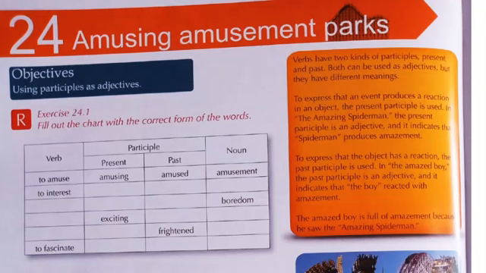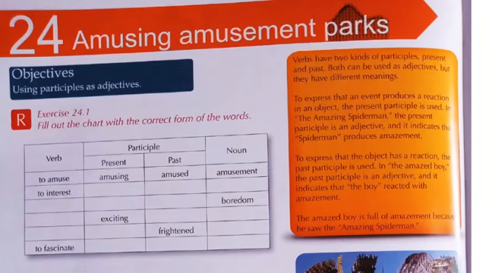To express that the object has a reaction, the past participle is used. In The Amazed Boy, the past participle is an adjective and it indicates that the boy reacted with amazement. The amazed boy is full of amazement because he saw the amazing Spider-Man.